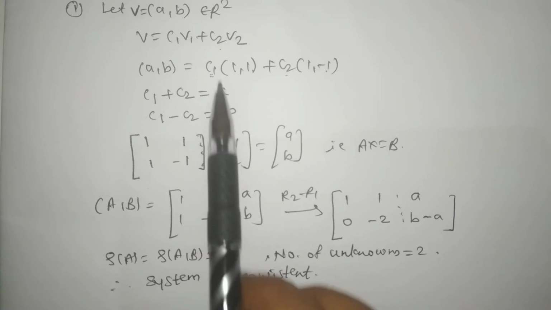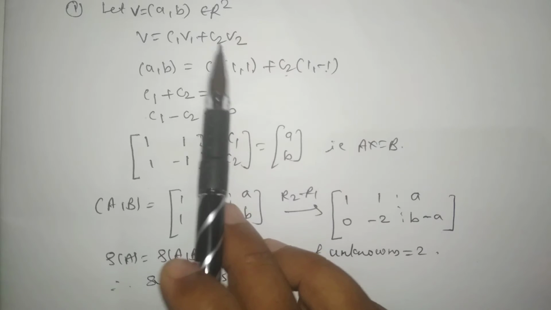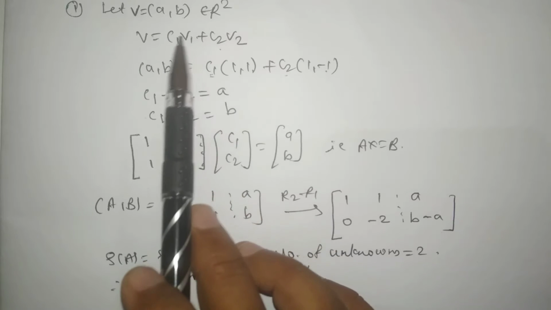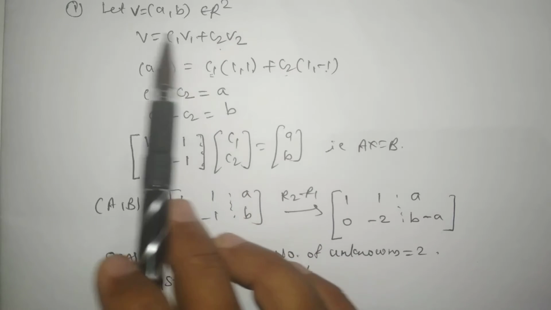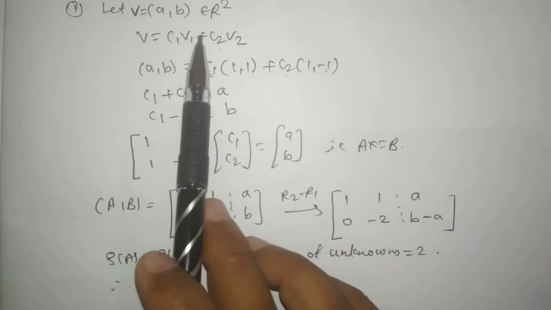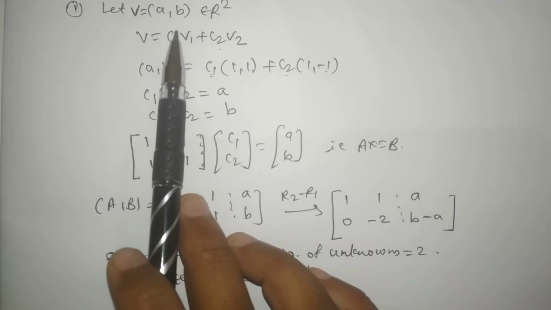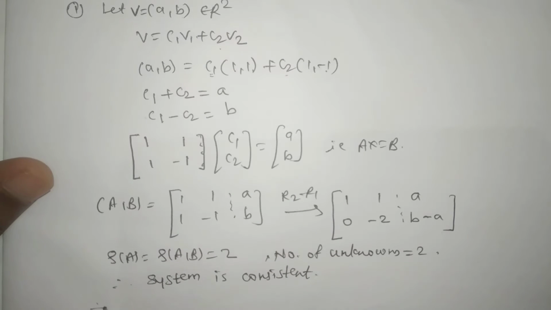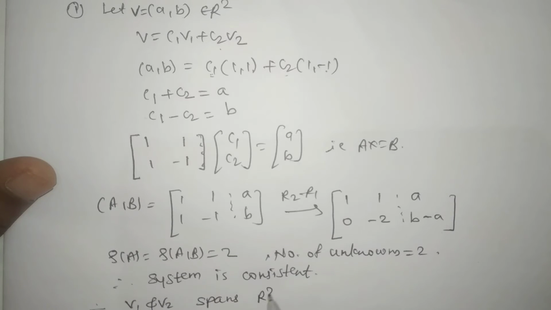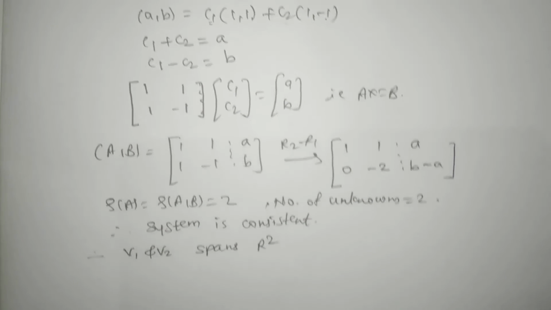That means V1 and V2 span R square. Therefore V1 and V2 span R square. The first condition is satisfied.